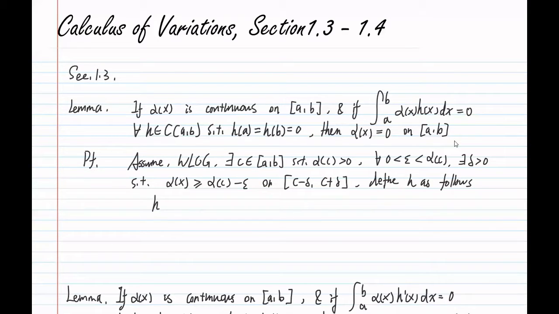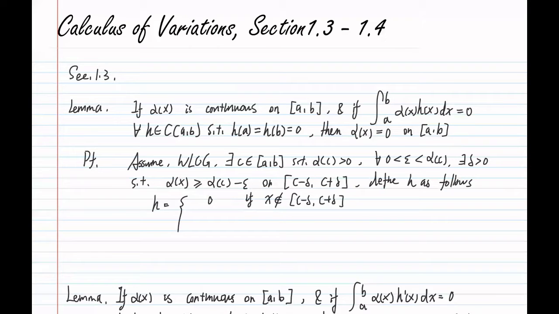I'm going to create a hump function on the interval (c minus delta, c plus delta), and then do the integration. I will have h(x) equal to 0 if x is not inside (c minus delta, c plus delta).